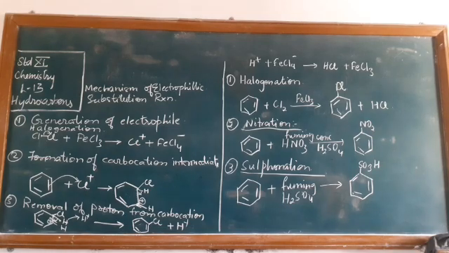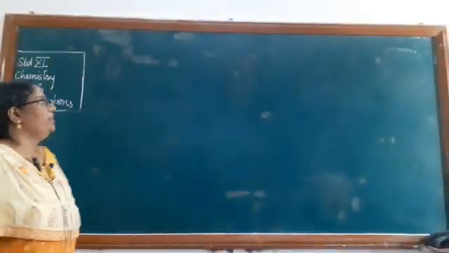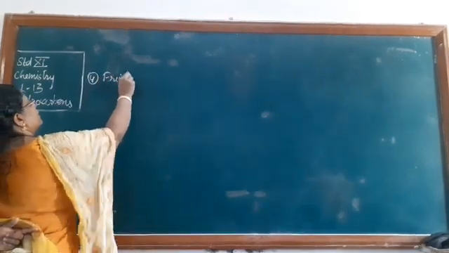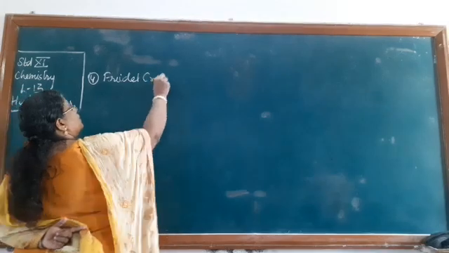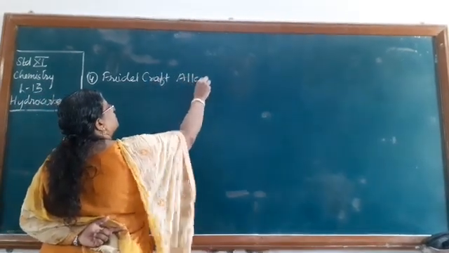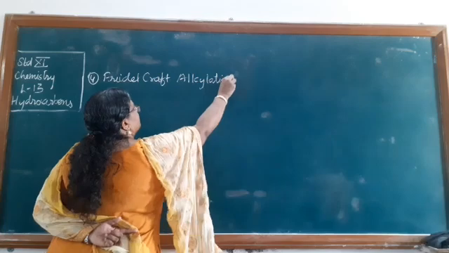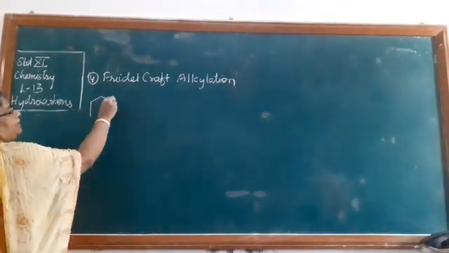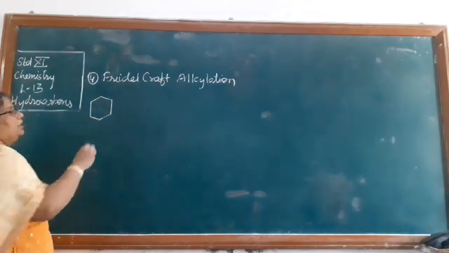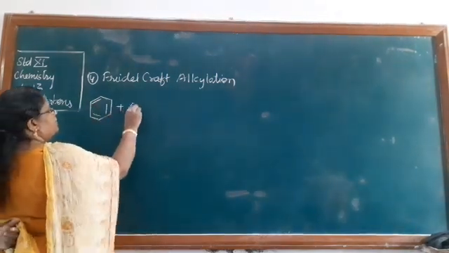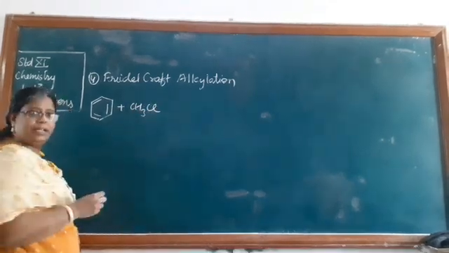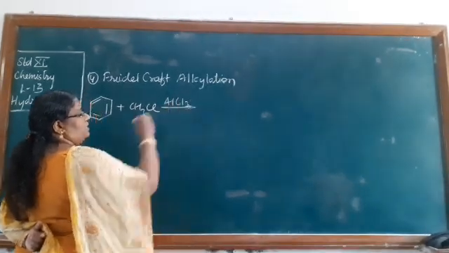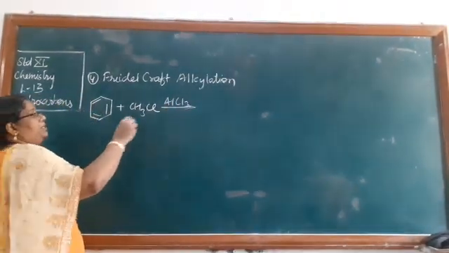Okay, the next set of reaction is Friedel-Crafts alkylation. Which is the reactant mixture here? It is alkyl halide in presence of AlCl3. So benzene ring, when it is treated with, say, methyl chloride, an alkyl halide, in presence of AlCl3, which is a Lewis acid, it gives you methyl benzene.